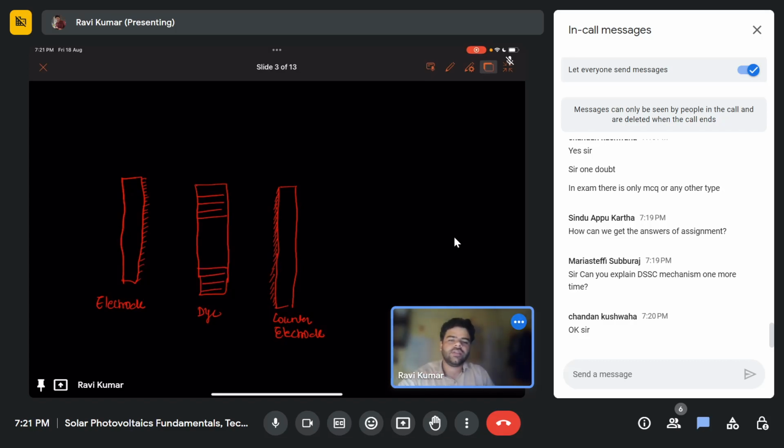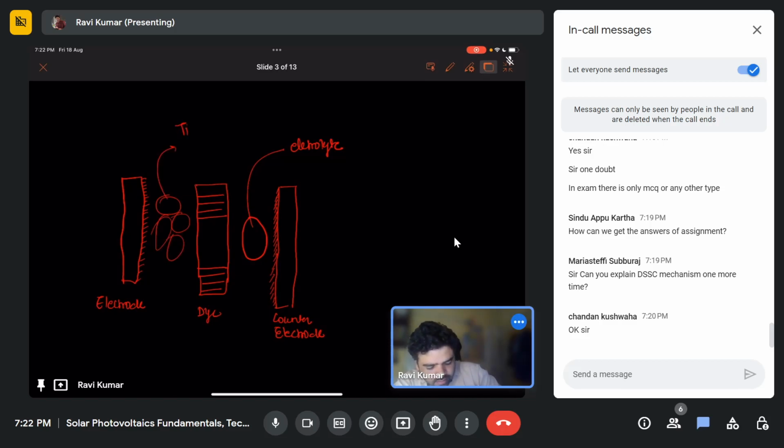In the dye we have some energy levels. In between there is an electrolyte. This is the electrolyte. And here we have titanium dioxide material.